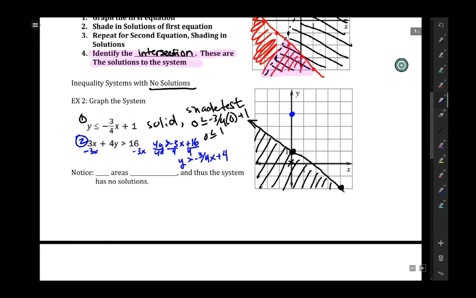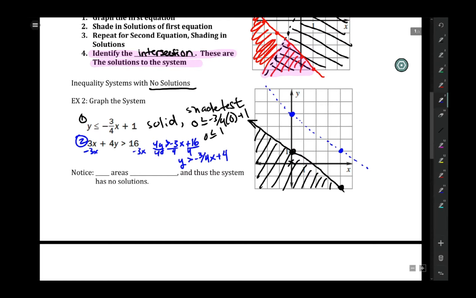And we actually have the same slope. Now, something might be going off in your head at this moment that we have the same slope. The lines are never going to intersect because they're parallel. And also, let's do our test point.